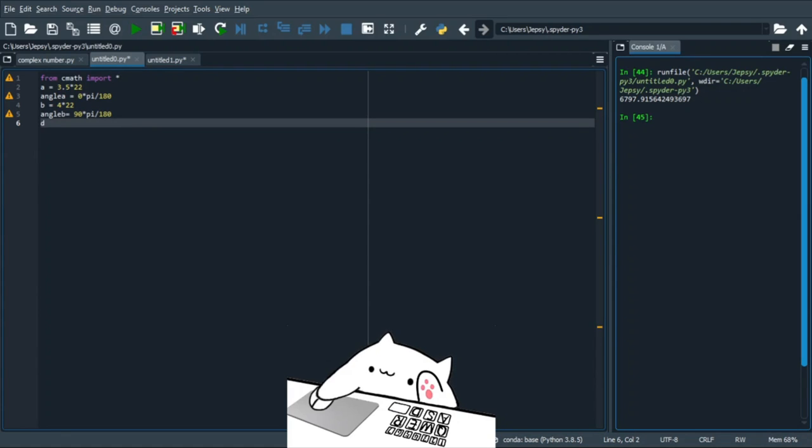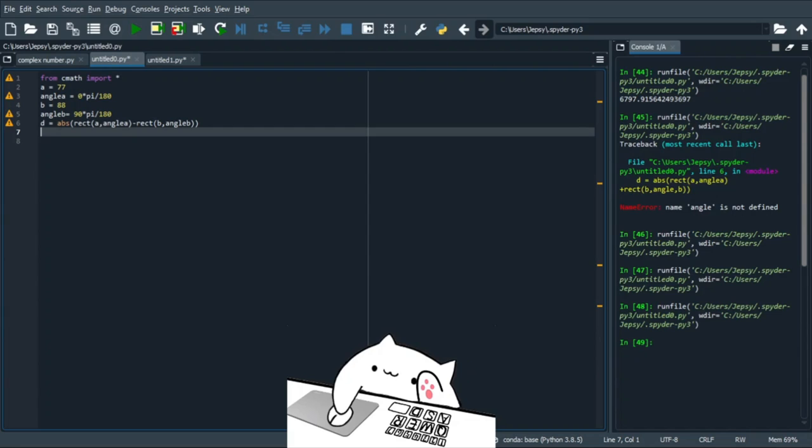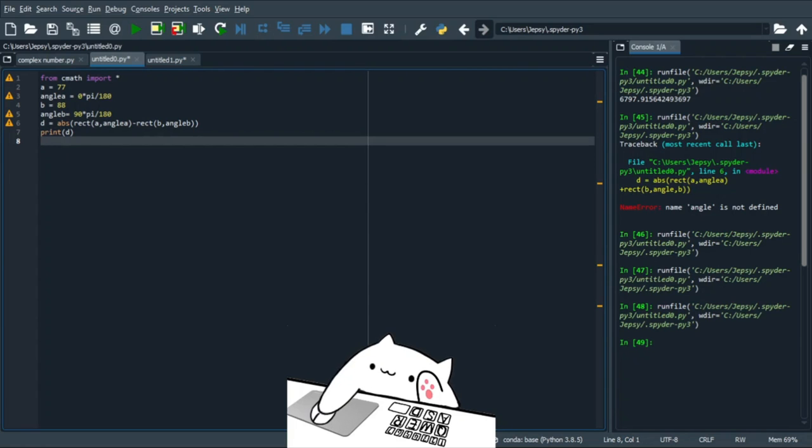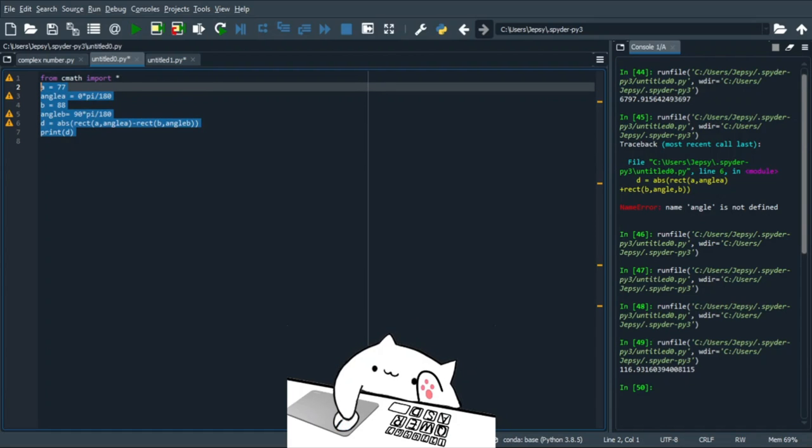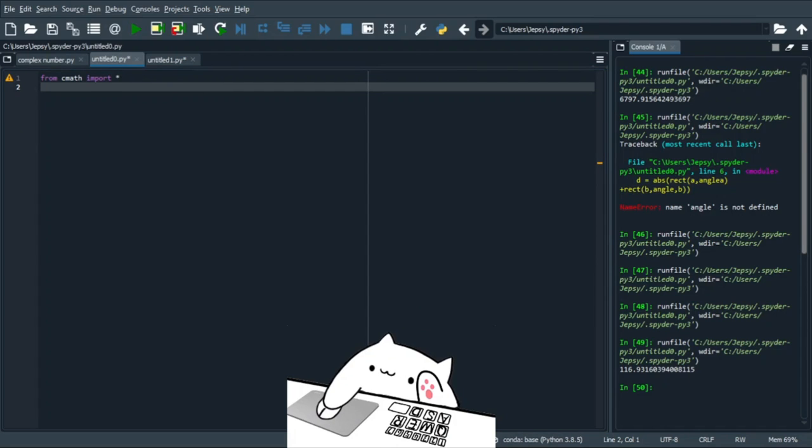So the formula for your distance is just the absolute value of rec A, angle A, plus rec of B, angle B. I just changed the A and B to have a whole number. Now we're gonna print your answer, which is D, and it's F5, and your answer is 116.93.